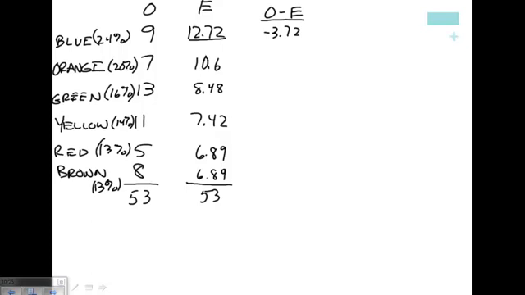Yep. Oh, I'm sorry, not negative. Yes, negative. 9 minus 12, yep, negative. Okay, this one's going to be negative 3.6. This one is positive 4.52. So what does it mean that these values are positive or negative?